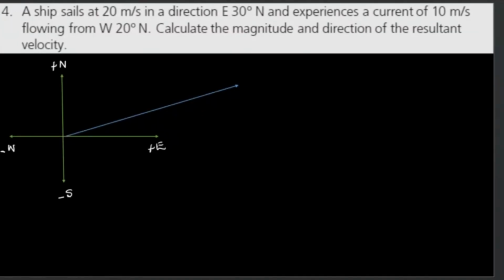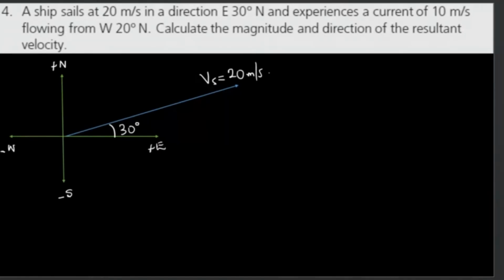I said that because they wrote it as east 30 degrees north, so we're going to make reference to east, which is 30 degrees. 20 meters per second. It experiences a current of 10 meters per second flowing from the west.